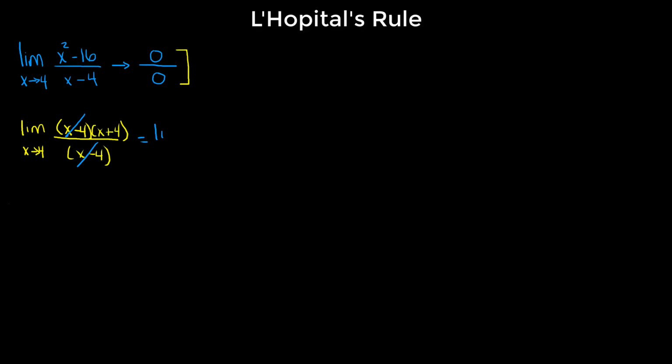This means that this is equal to the limit as x approaches 4 of just x plus 4. And then at this point, we were able to plug in 4 to receive 4 plus 4 being 8. And so we were able to use this algebraic technique by simply factoring out the factor that caused that indeterminacy, and then we were able to move on with our lives.